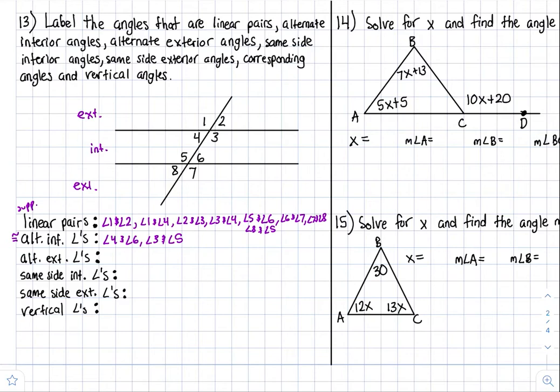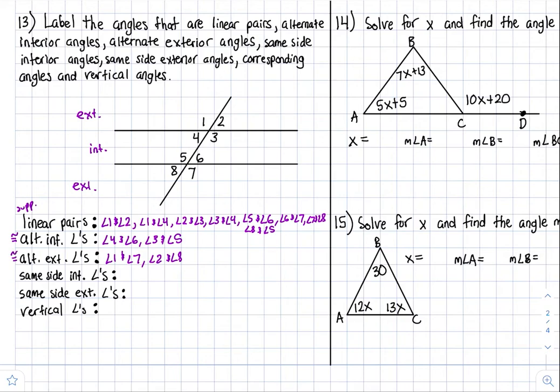Okay, alternate exterior angles. You are looking at the exterior angles region. So 1 and 7 are alternate exterior angles. Angle 1 and angle 7. And 2 and 8. Angle 2 and angle 8. And remember, these are congruent when we have parallel lines. Okay, same side interior angles.